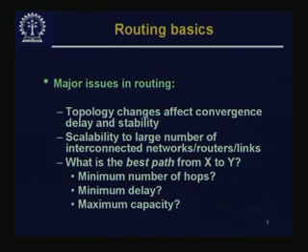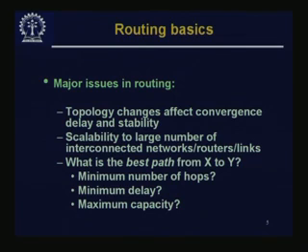The other issues in routing: one is that topology changes affect convergence, delay and stability. The topology of the network changes all the time, because links may go down or come up, and nodes may go down or come up. This may change the path that a particular packet takes and the path that the next packet in the same stream takes.